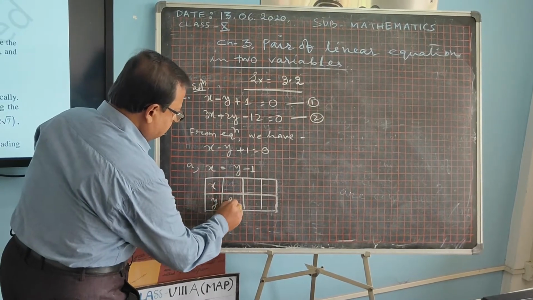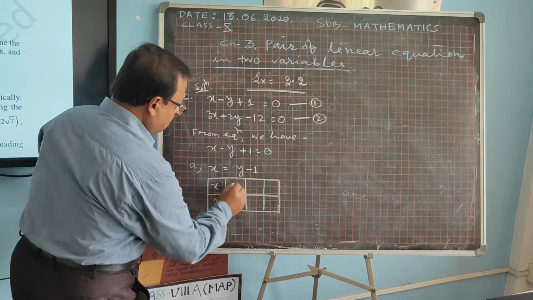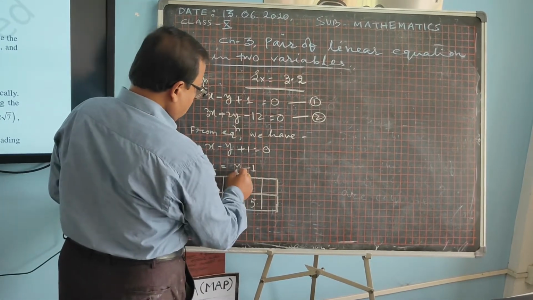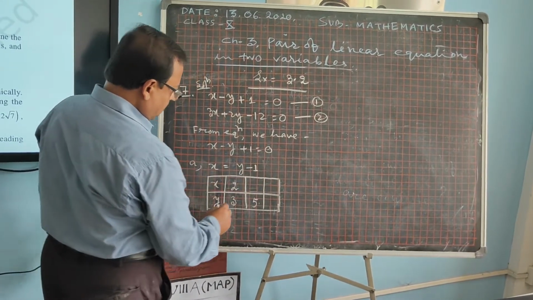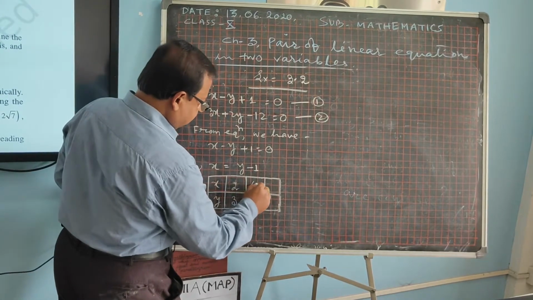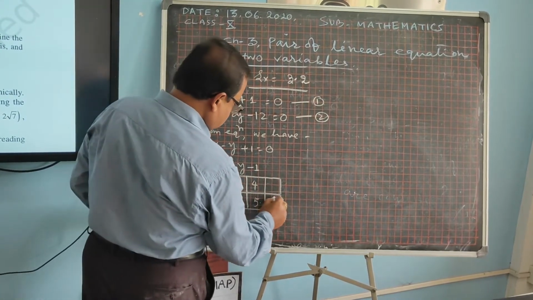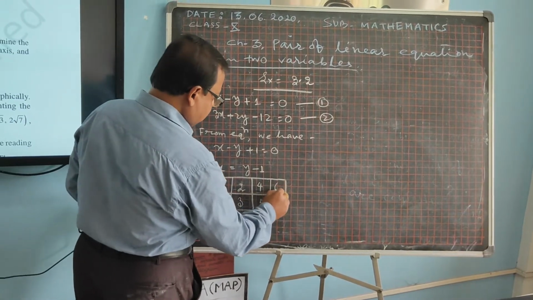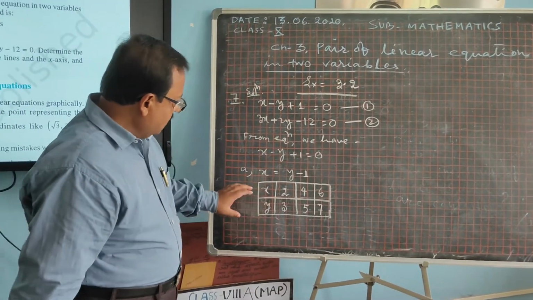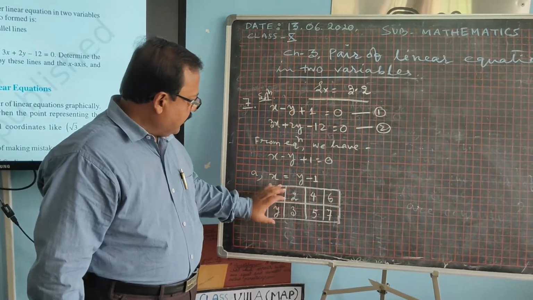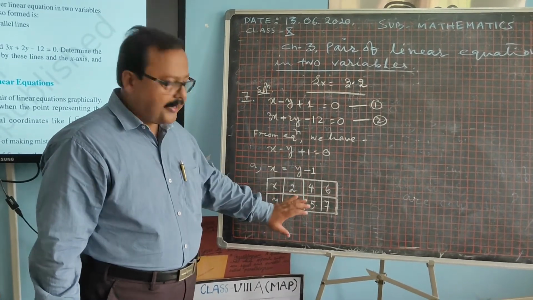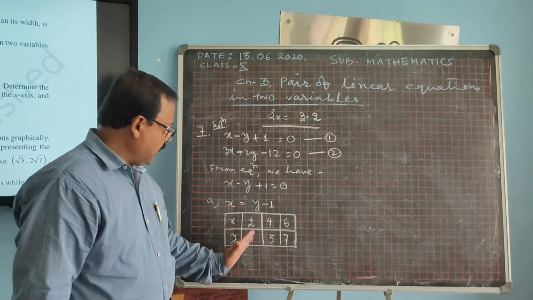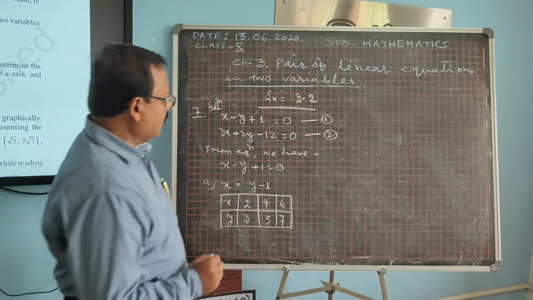So 3, then x equals 2. 5, then how much? 5 minus 1, 4. Then 6 or 7, like that. Then you find the values of x and y as separate points.